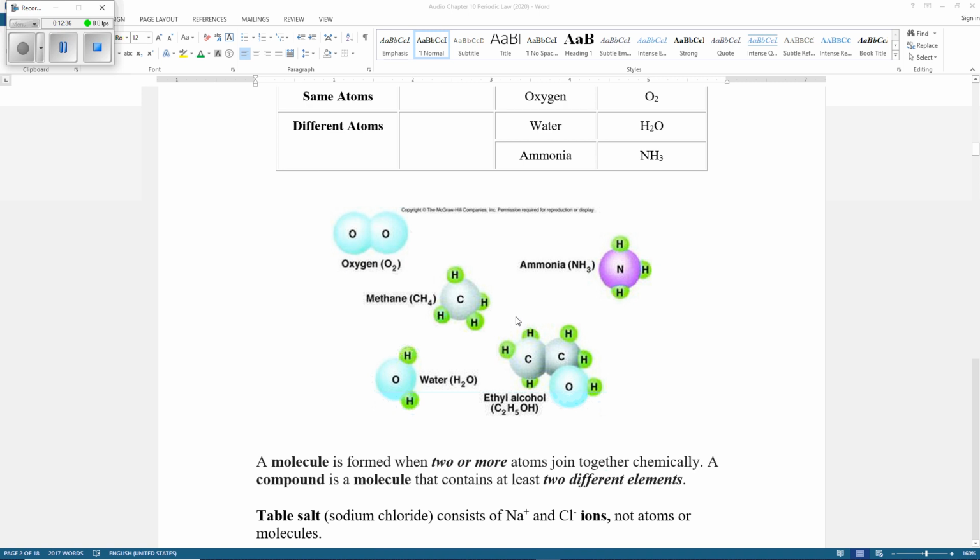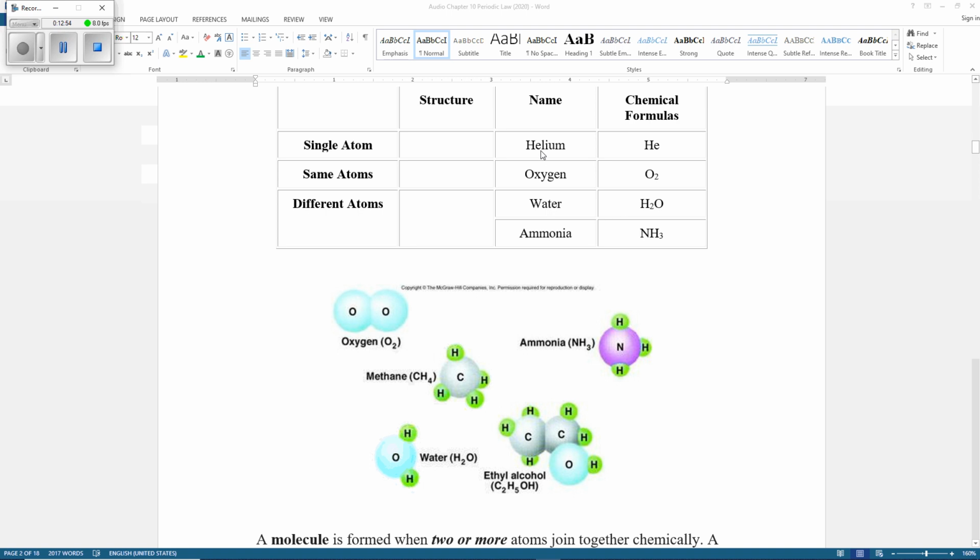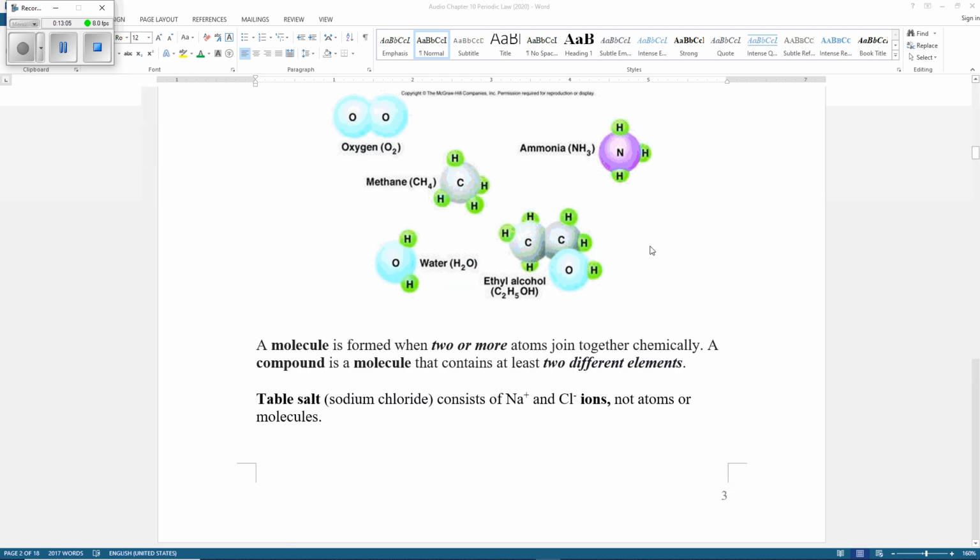Molecules, of course, can be very complicated, a few hundred atoms or even more combined together. But in this physical science class, we're not going to discuss the details. Just remember a few simple examples: different molecules, some with a single atom, some with more atoms of different kinds.